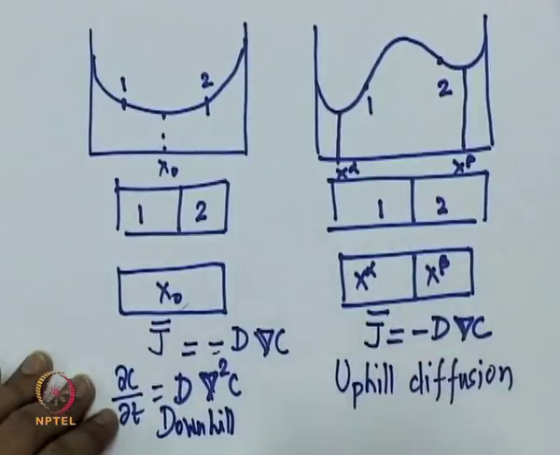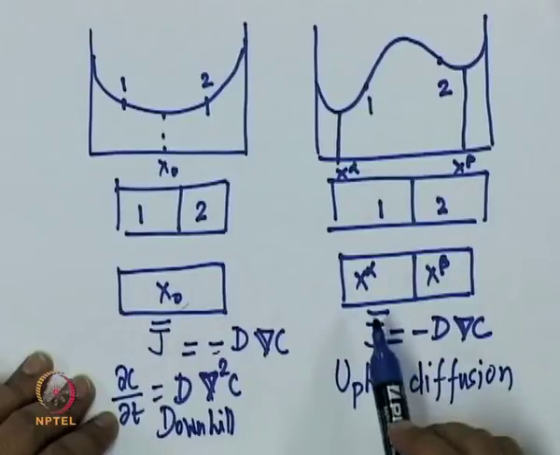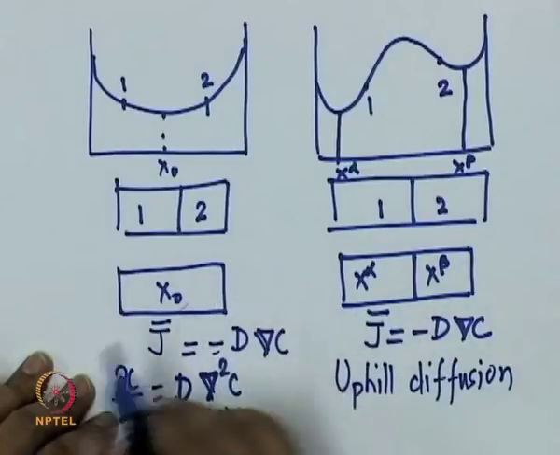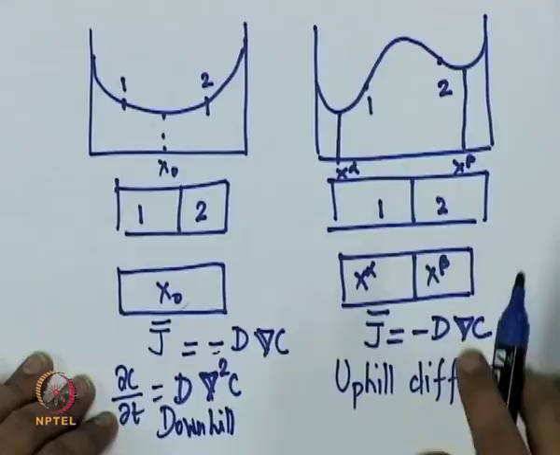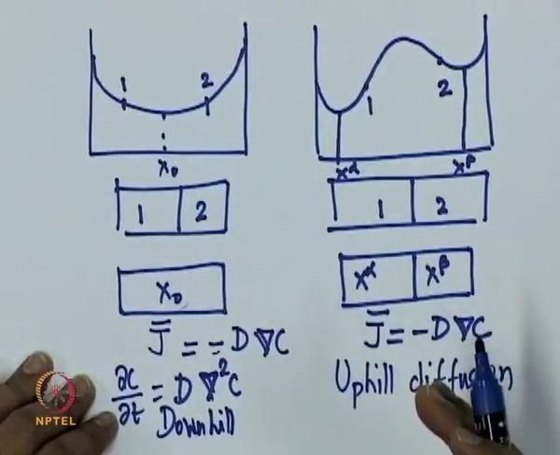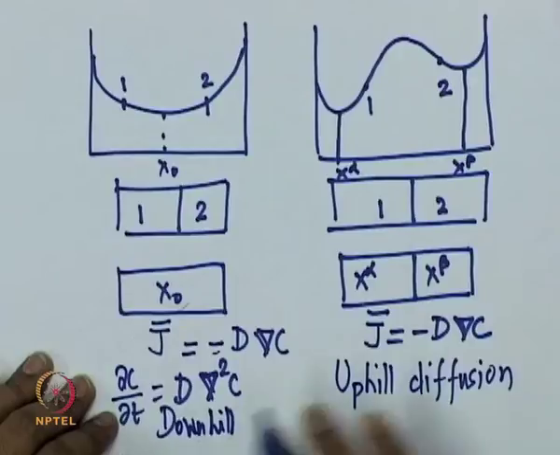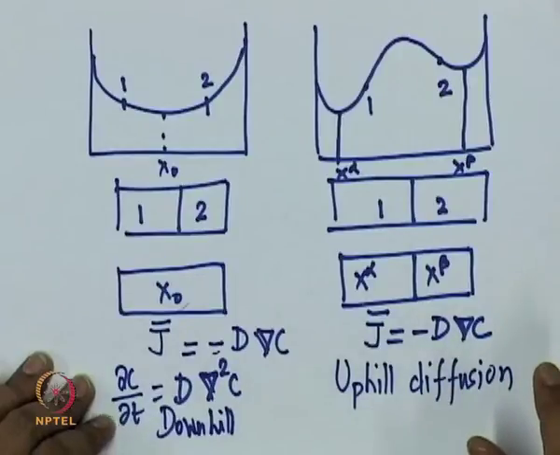You pour water, it will go downhill, but rarely you will see water going uphill, right. So, similarly, most of the times you will see that diffusion will take place to even out concentration gradients, but there seem to be some cases where diffusion is taking place against the concentration gradient. So, it is accentuating the concentration gradients instead of getting rid of them and making everything homogeneous.